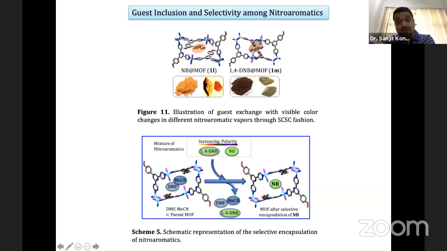Although they are in the same class of compound, their distinct change in color can tell you whether your explosive is just nitrobenzene or 1,4-dinitrobenzene. Similarly, you can separate them out based on their increasing order of polarity.